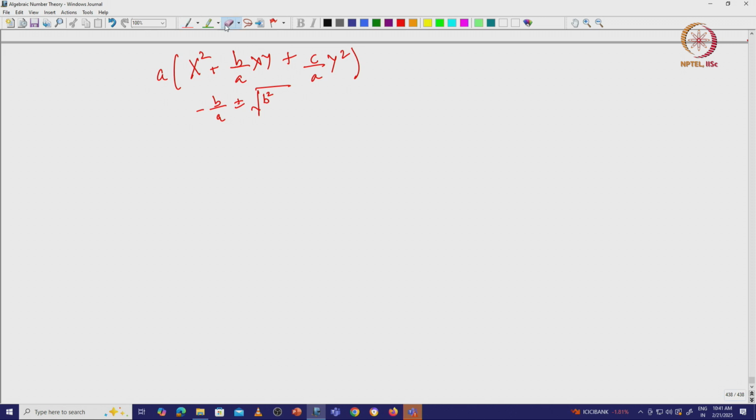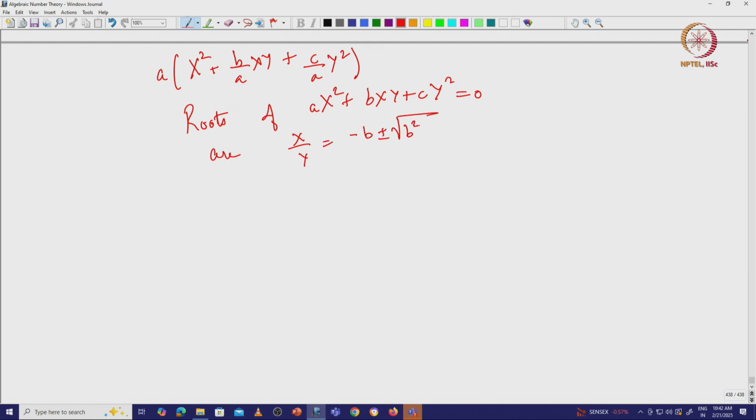Sorry, that is not what I wanted to say. I want to say that the roots of ax squared plus bxy plus cy squared equal to 0 are given by x by y equal to minus b plus minus square root of b squared minus 4ac, by 2a.